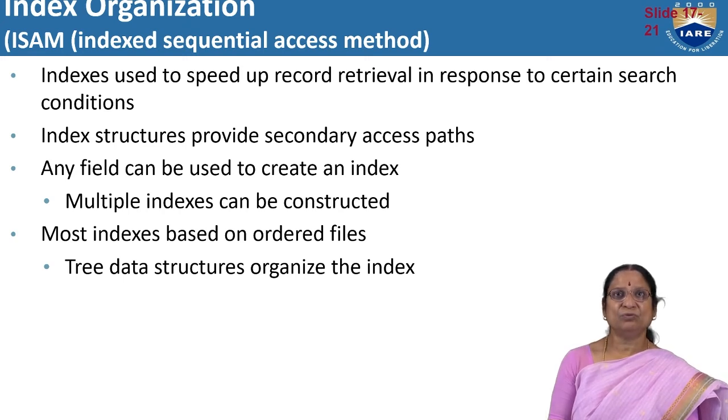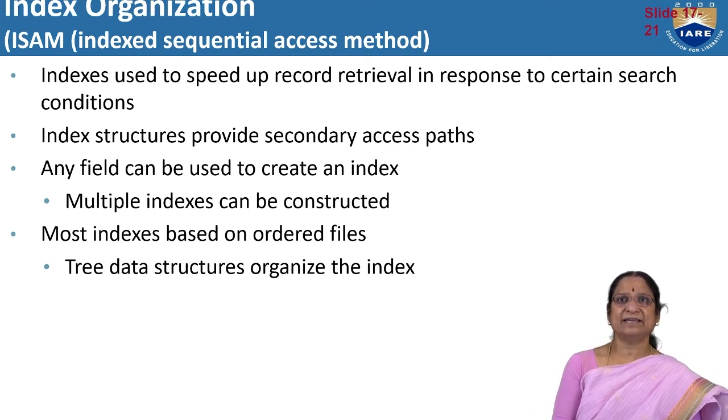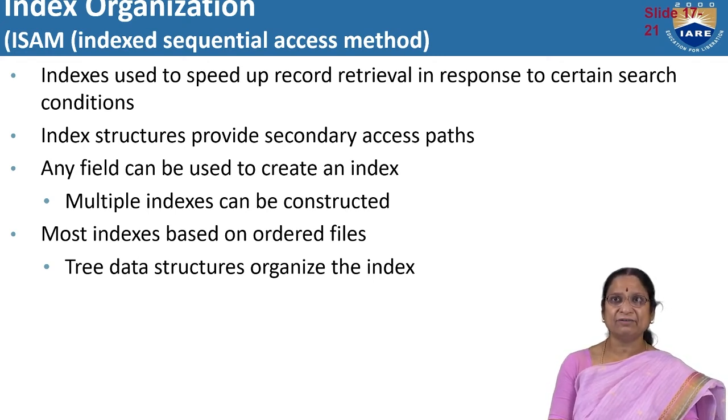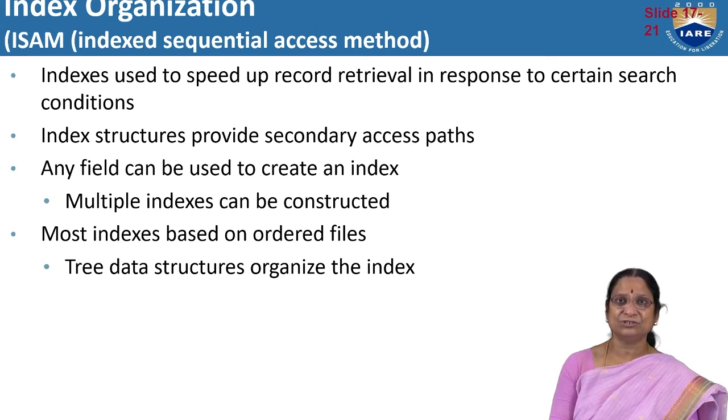Another kind of organization is index file organization. We generally term it the indexed sequential access method, ISAM. This is used quite frequently in file organization techniques. Indexes are used to speed up record retrieval in response to certain search conditions. In purely sequential organization, the data is stored based on a key attribute.